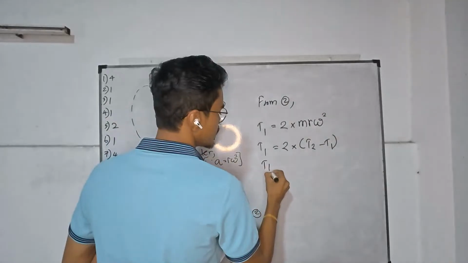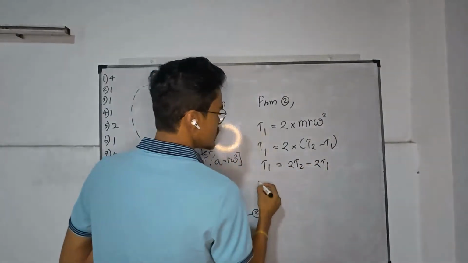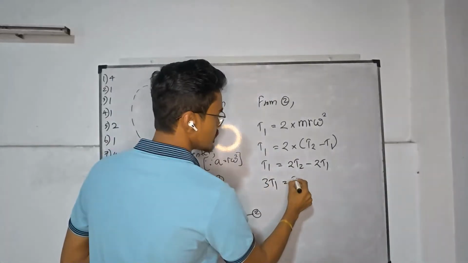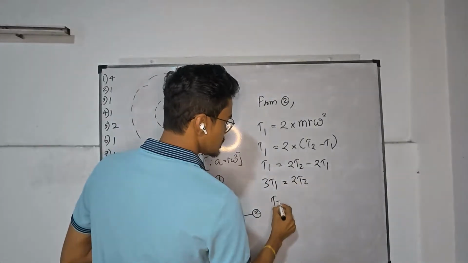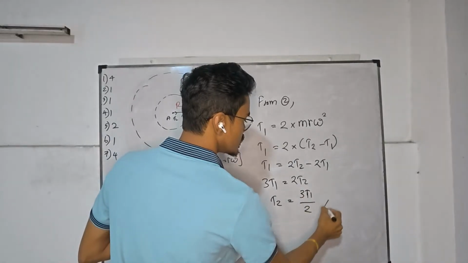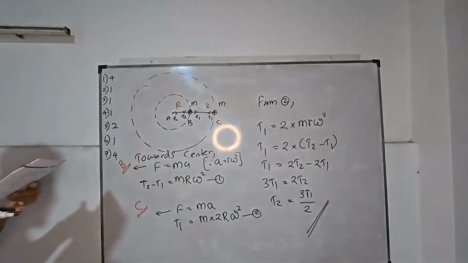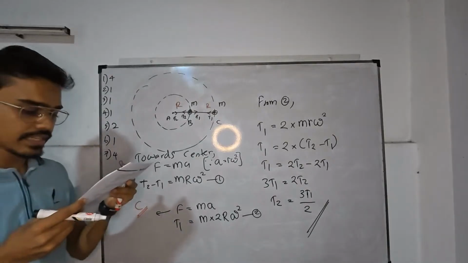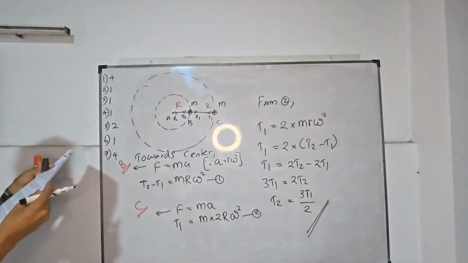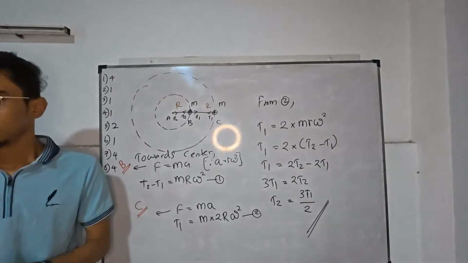Simplify this: T1 equals 2T2 minus 2T1. Take it to the other side: 3T1 equals 2T2. Subject T2: T2 is 3T1 over 2. Very simple. Which means answer 4. For 8, answer 4. Write it down.